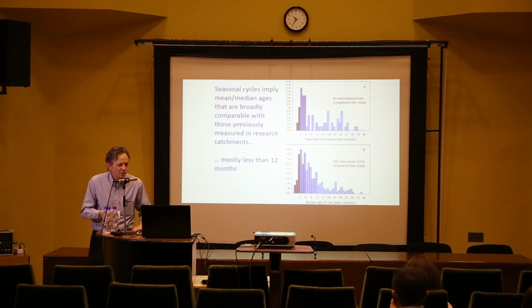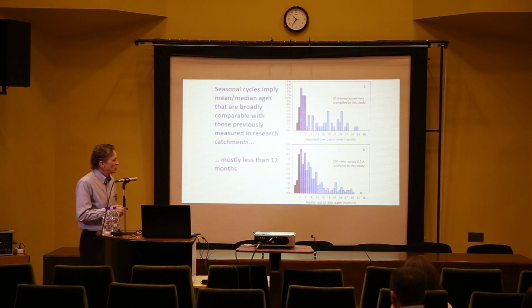So if we do this analysis for rivers around the world, we come to the conclusion that the average age of river water is typically less than about 12 months.